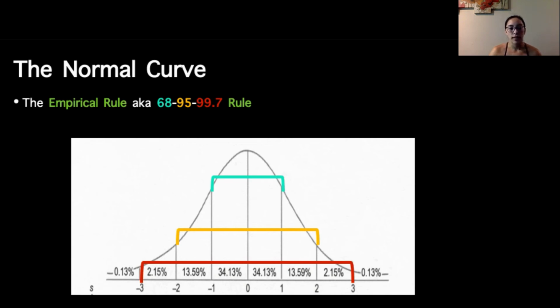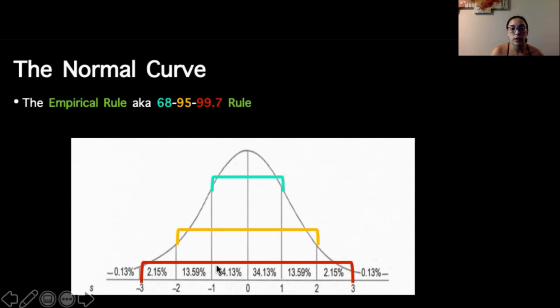But you can also look at this by adding up the percentages in each of these regions. So maybe you wanted to know, if we have a normal distribution, what percentage of individuals would lie 2 standard deviations below the mean. You could add up 13.59 and 34.13 to figure out how many people or what percentage of your scores would exist within -2 standard deviations from the mean.